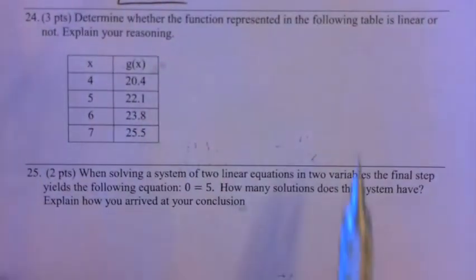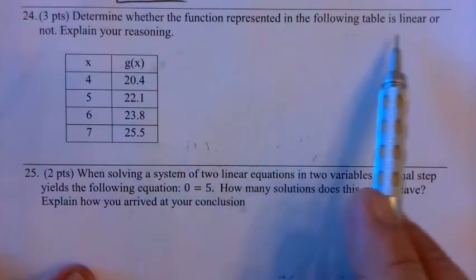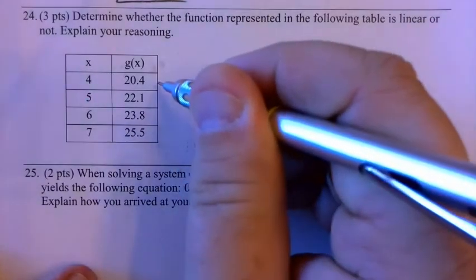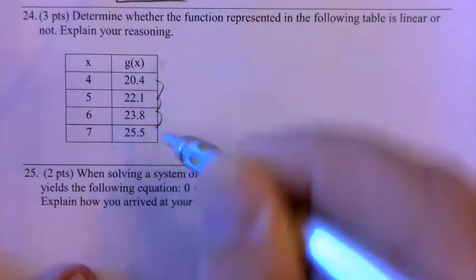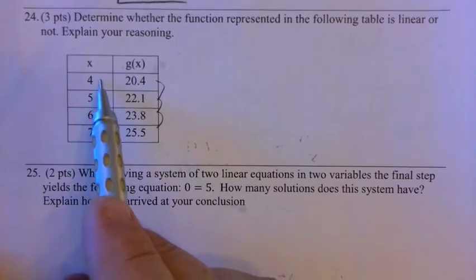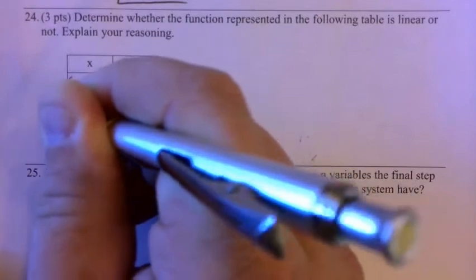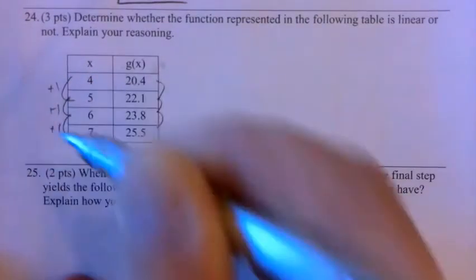Okay. Determine whether the function represented following is linear or not. Explain my reasoning. So I just need to make sure it has the same slope from point to point to point. Now I notice here they were nice. 4, 5, 6, 7. So this increases by 1, by 1, and by 1.